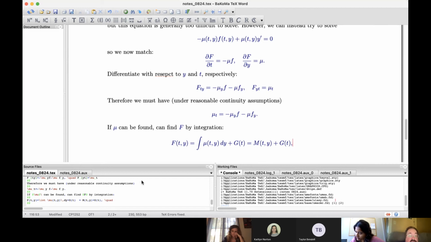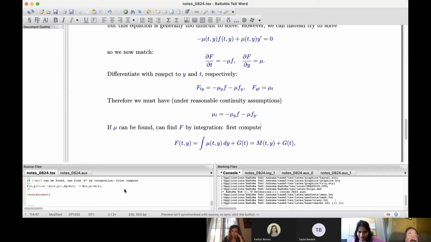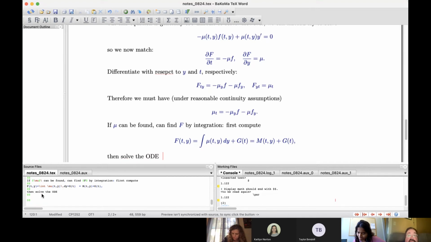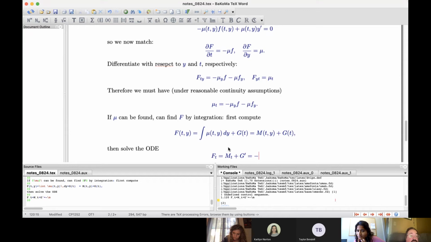And then what I could do is substitute what I get here into this equation. So that dF dt would be equal to M t plus g prime is equal to minus mu times f.